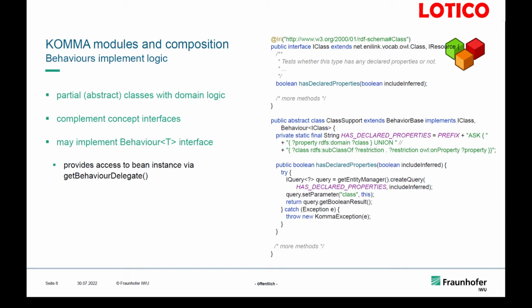So you can implement the behavior interface for using these methods, but you don't have to use this interface. The behaviors are associated to the interfaces just by implementing them, or you can also use the Iri annotation on the behaviors.